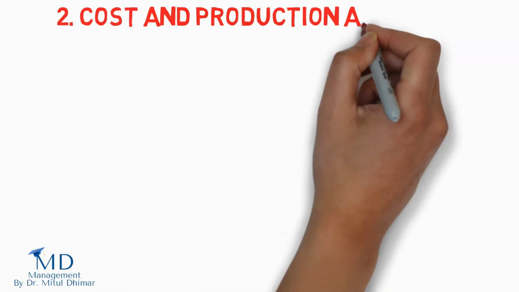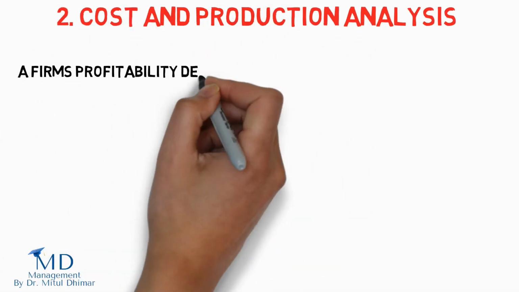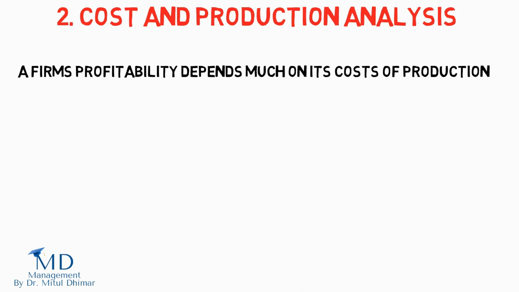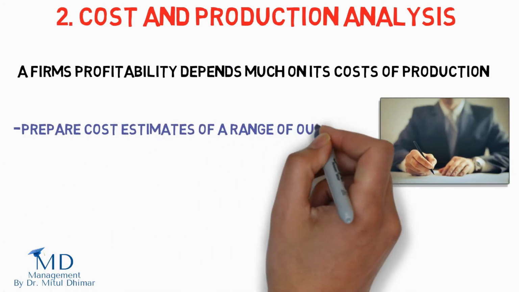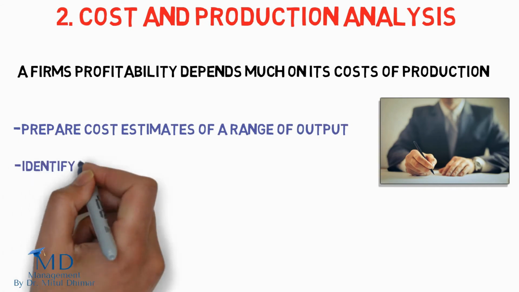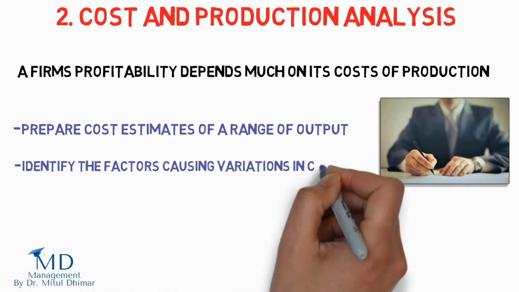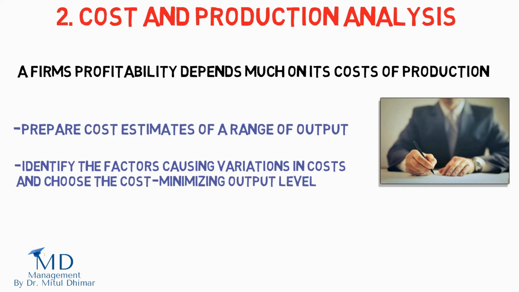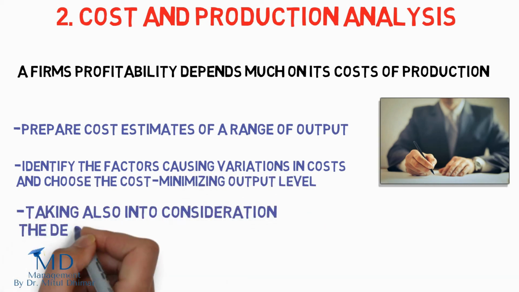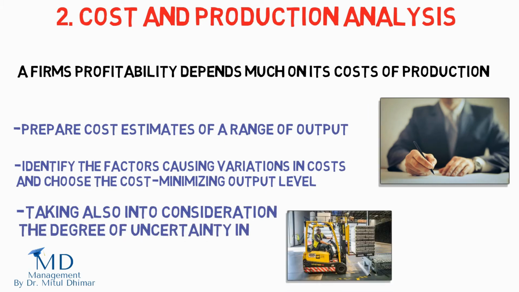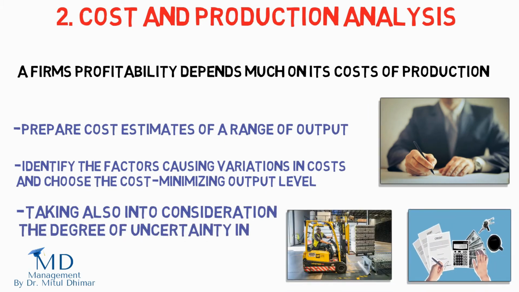Cost and production analysis. A firm's profitability depends much on its cost of production. A wise manager would prepare cost estimates of a range of output, identify the factors causing variations in cost, and choose the cost minimizing output level, taking also into consideration the degree of uncertainty in production and cost calculations.